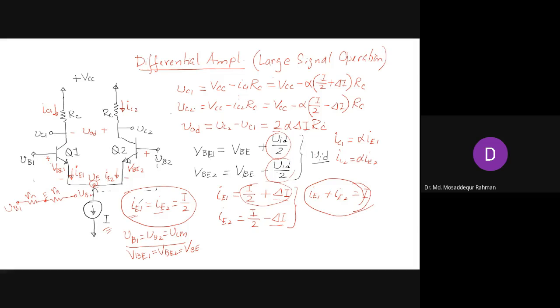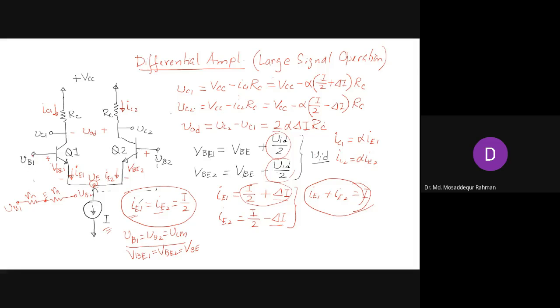And from this large signal, now we go for a small signal. The condition for a small signal operation is about VID, not VB. VB1 has to be large enough to forward bias the base emitter junction.